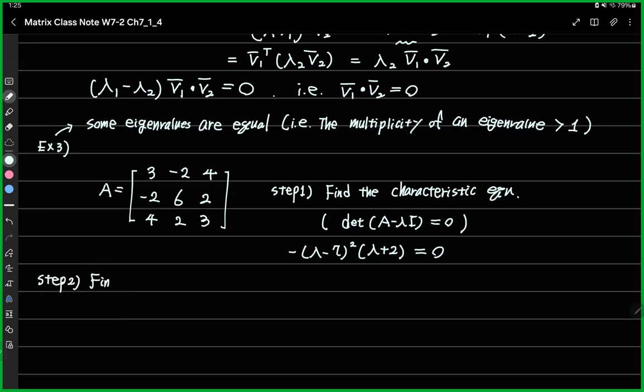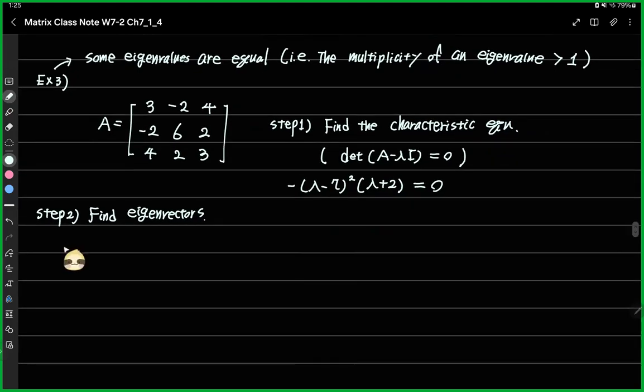Find the eigenvectors. So for lambda equals 7, V1 is going to be 1, 0, 1.